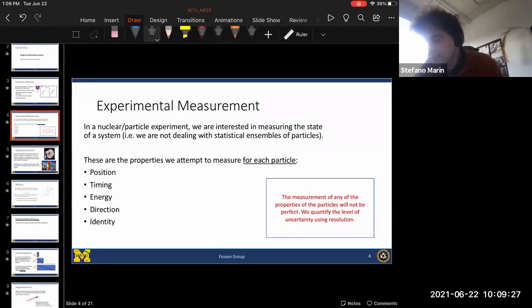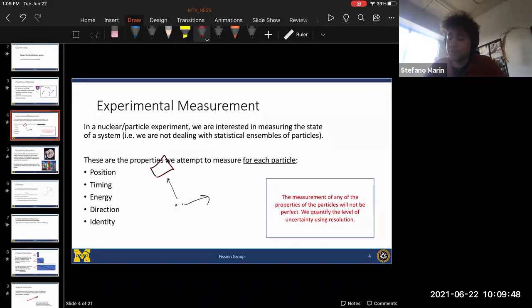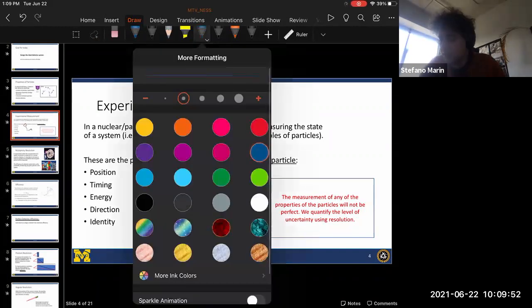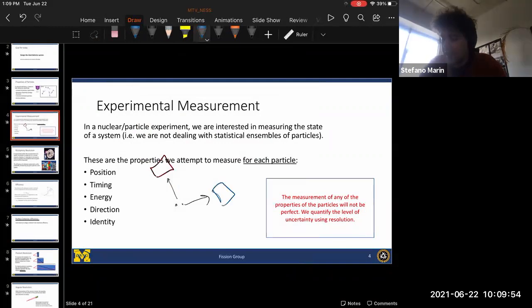Now, this is actually something that is very important, because maybe we have two particles in the system right there. And we might be able to have a detector over here and fully figure out everything about that particle. We fully characterize the particle, but maybe we don't have a detector on this side here of the room, and we would completely miss that particle.